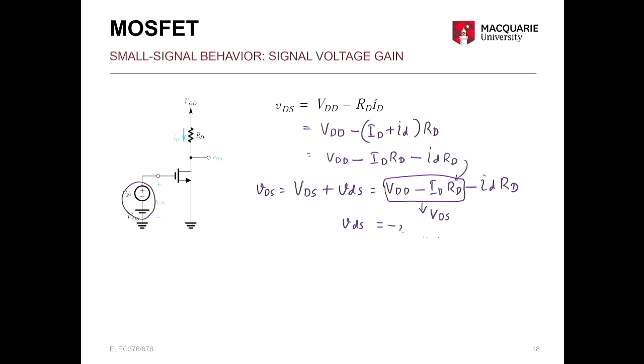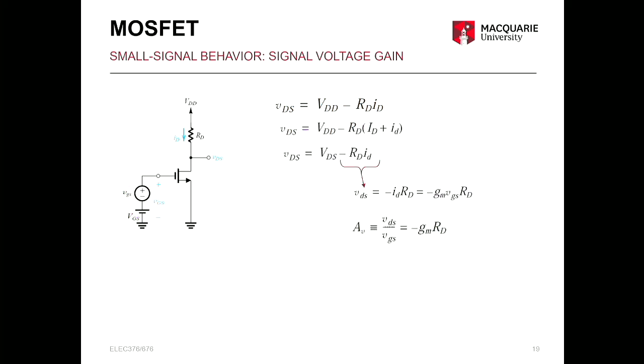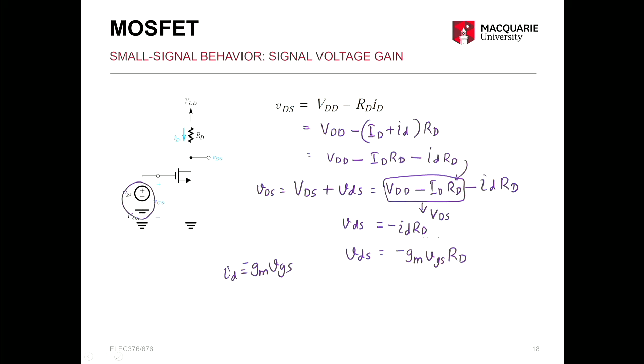The remaining is just minus IDRD, which is the same as minus GM VGS RD. Okay, because we found that ID is equal to the transconductance times the input. So this is the actual amplification that we get.